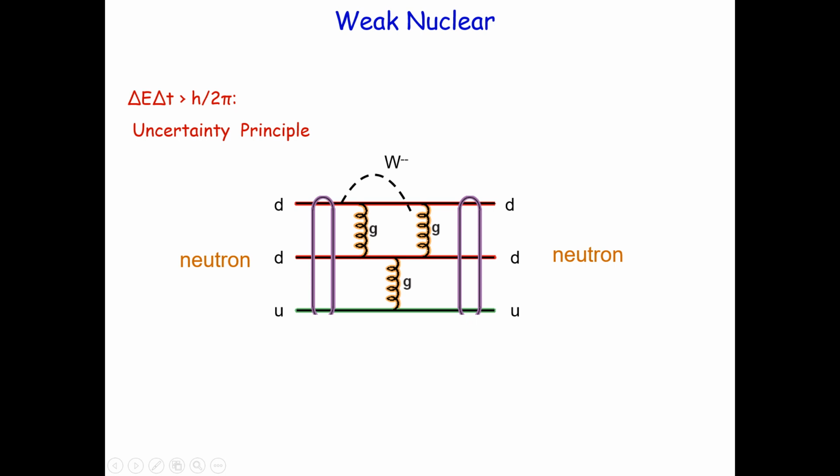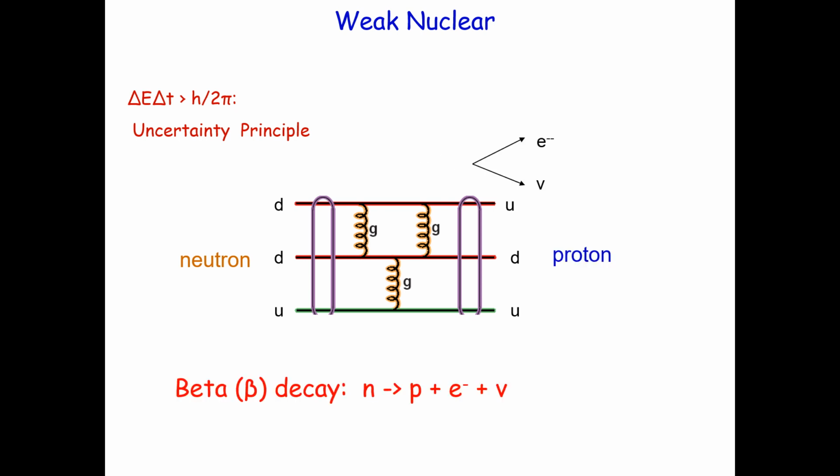As a result of that interaction, we have a charged boson, just like you can see here. W negative means it is the charged boson. When the down quarks interact, as a result we have the charged boson. You can see it in this particular diagram, and as a result of that interaction we have beta decay, and we have protons, along with an electron and a neutrino.